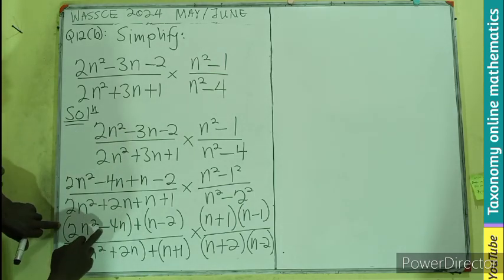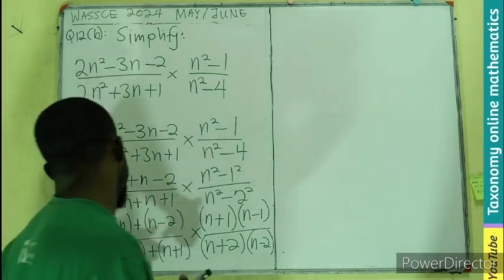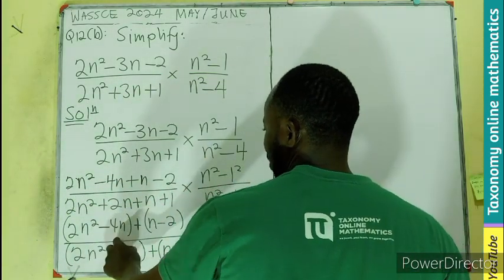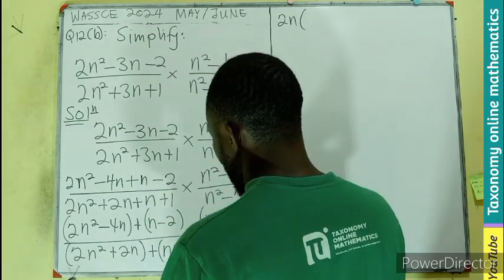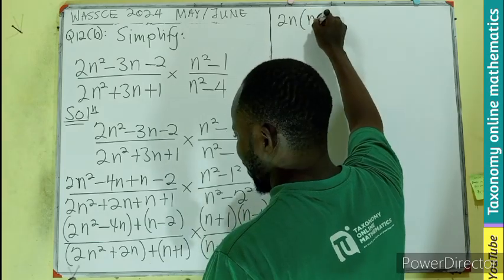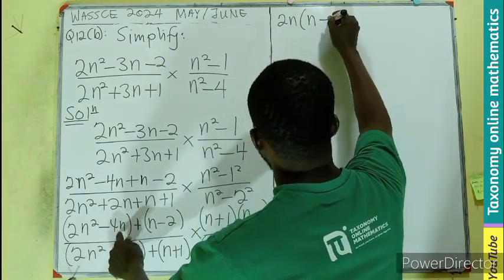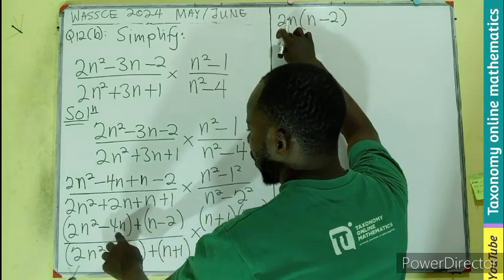So here we look for a common factor in each bracket. Between 2n squared and 4n, the common factor will be 2n. When 2n divides 2n squared, you'll be left with n. Dividing the other term, you'll be left with only 2, because 2 times 2 will give you 4.